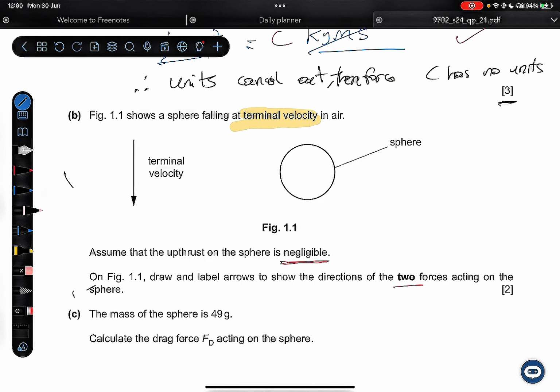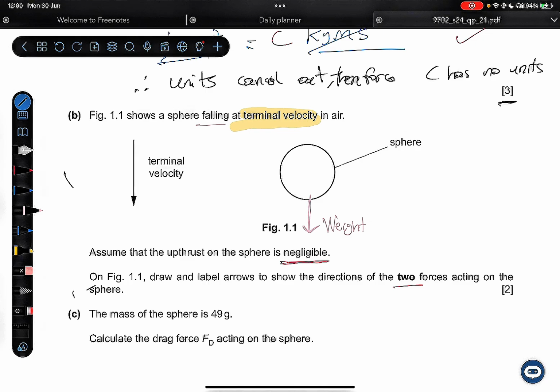That force of gravity, due to its mass, is its weight, and it acts downward since it is falling, as the question has said. So we have its weight acting downward. They said label, so we can label it weight.